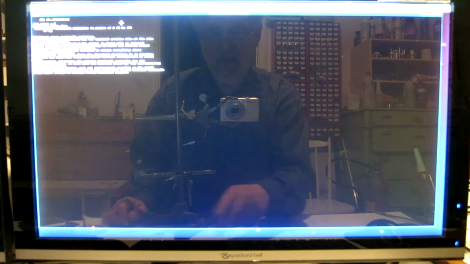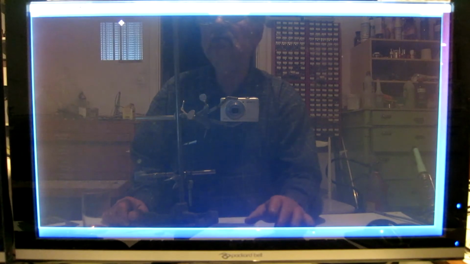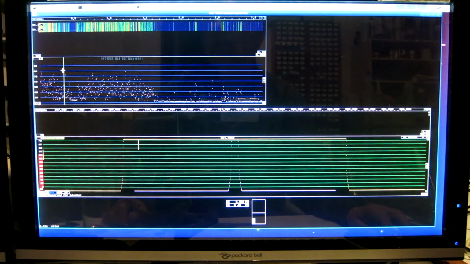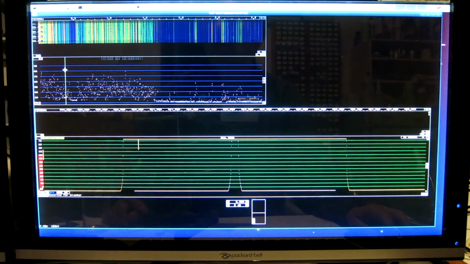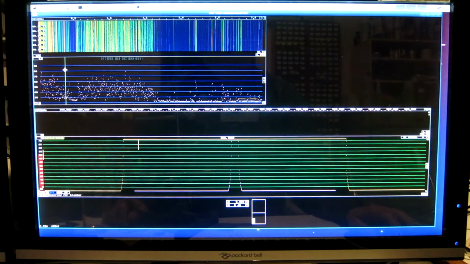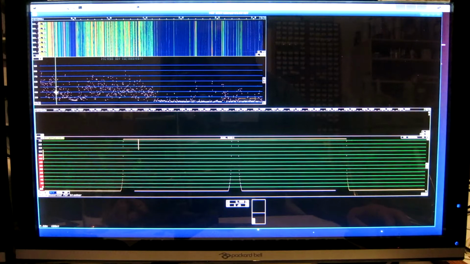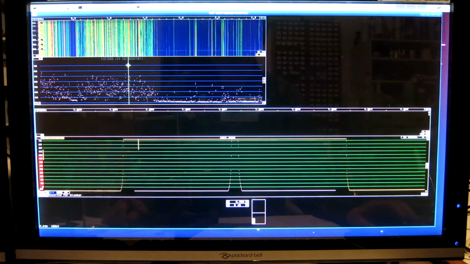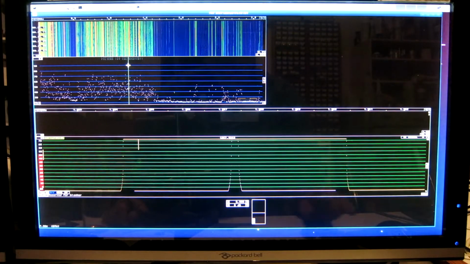Let's make that 7 instead and have a look. What do we have? Click on something, and you see I'm moving the mouse without clicking and it doesn't work properly. Means something is overloaded.